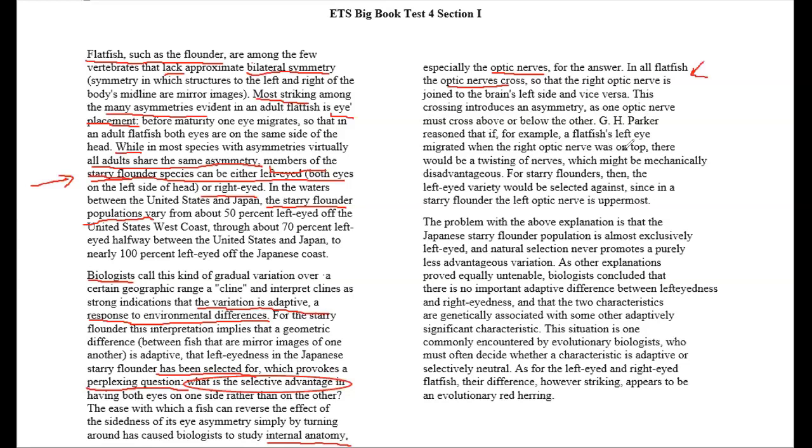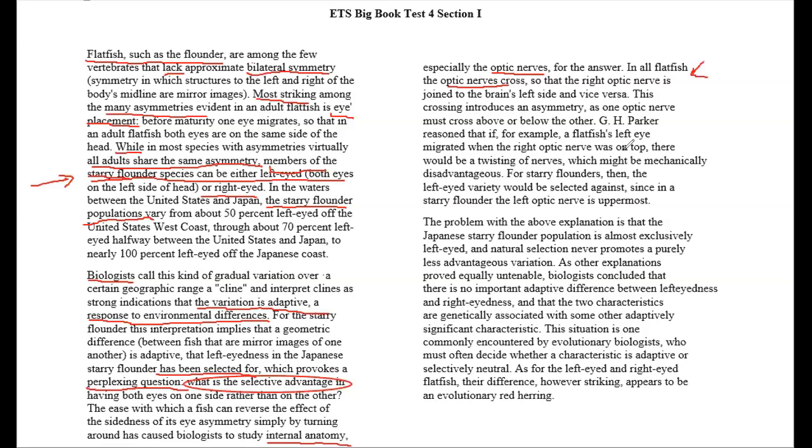So what we're understanding here is that the biologists are saying that optic nerves cross in flatfishes. Normally what I would understand is that the left optic nerve, the nerve that basically goes from eye to the brain, would go to the brain's left side, and the right eye's nerve would go to the brain's right side.